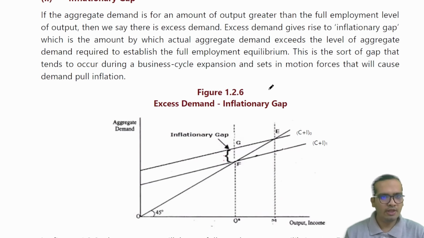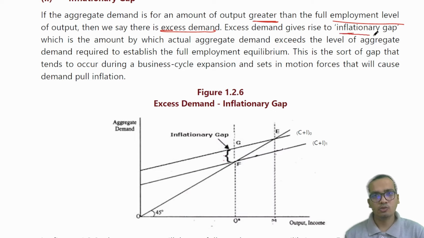Similarly, we have the inflationary gap. If the aggregate demand is for an amount of output greater than the full employment level of output, then we can say there is excess demand. Excess demand gives rise to an inflationary gap, which is the amount by which actual aggregate demand exceeds the level of aggregate demand required to establish full employment equilibrium.